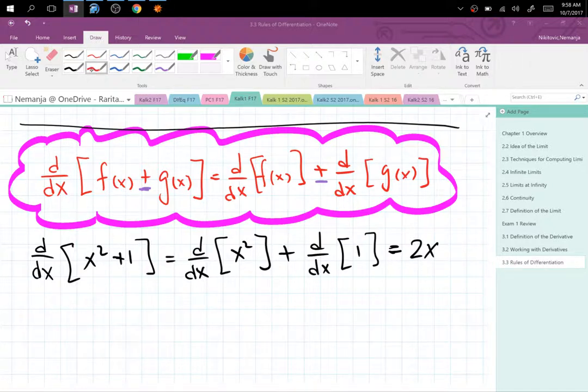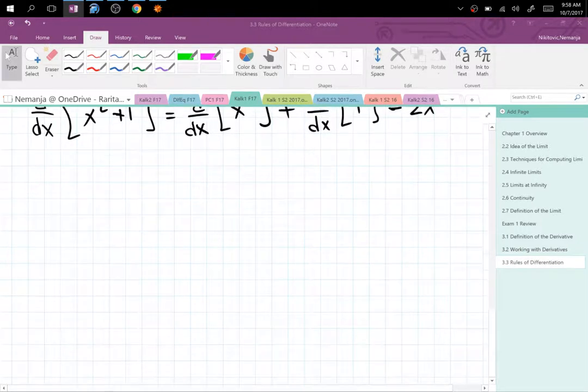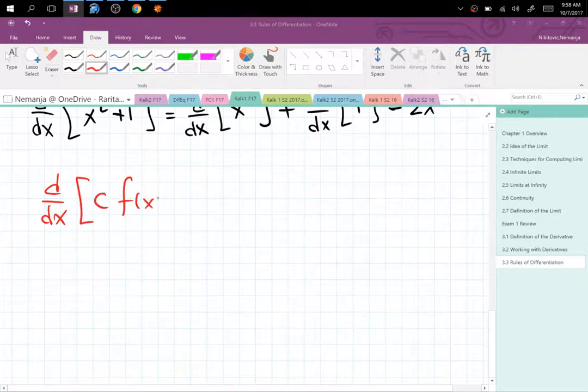And the third rule says that if you have a constant multiplying the function, you can kick the constant in front of differentiation and just differentiate the function. So the derivative of c times f of x is c times the derivative of f of x.